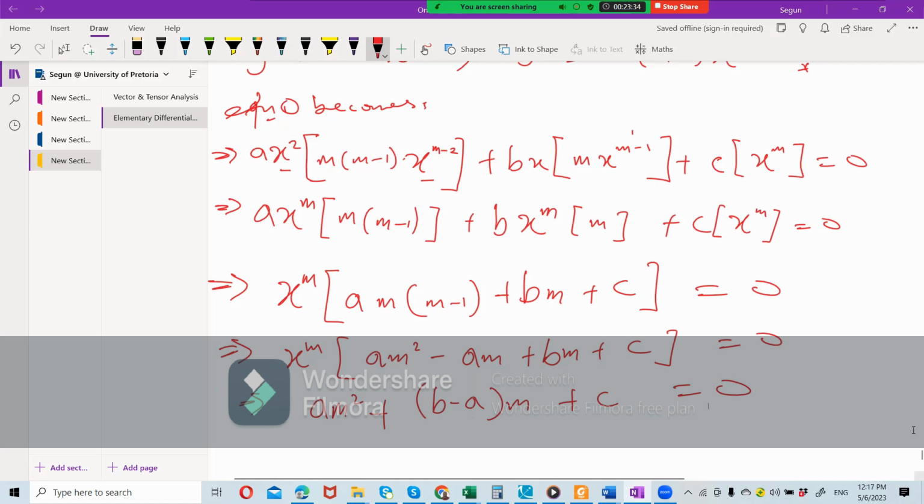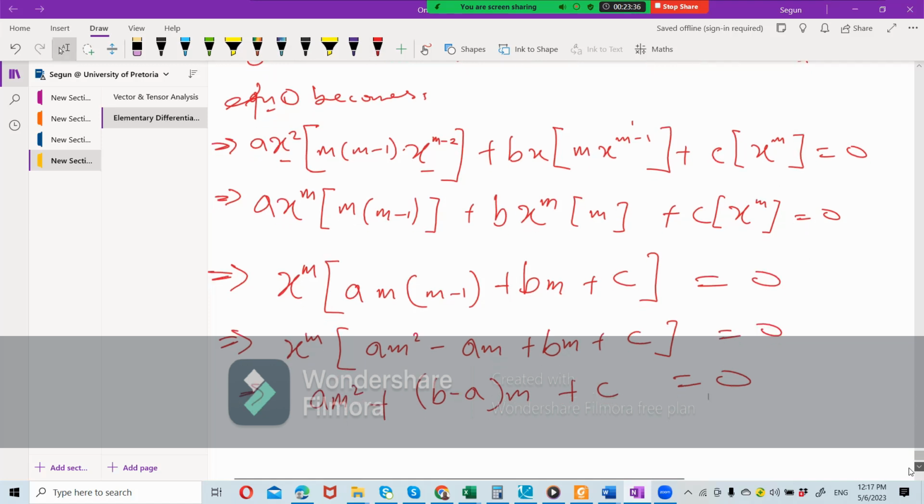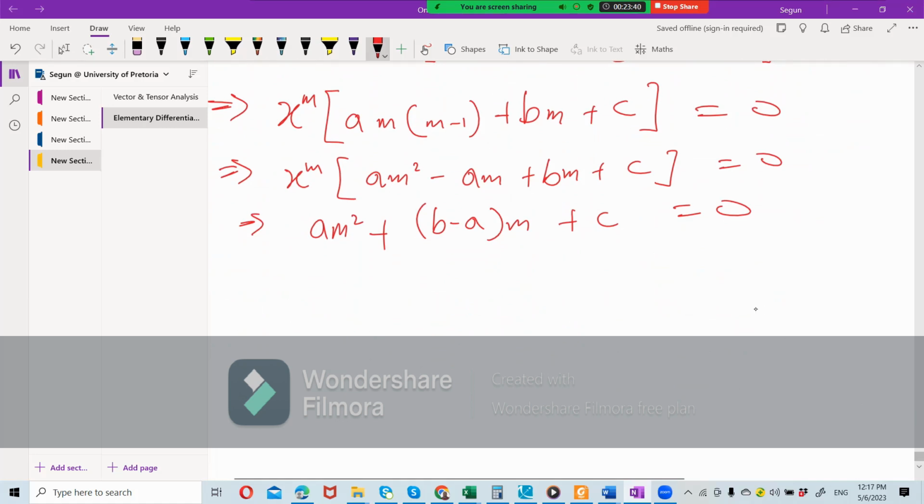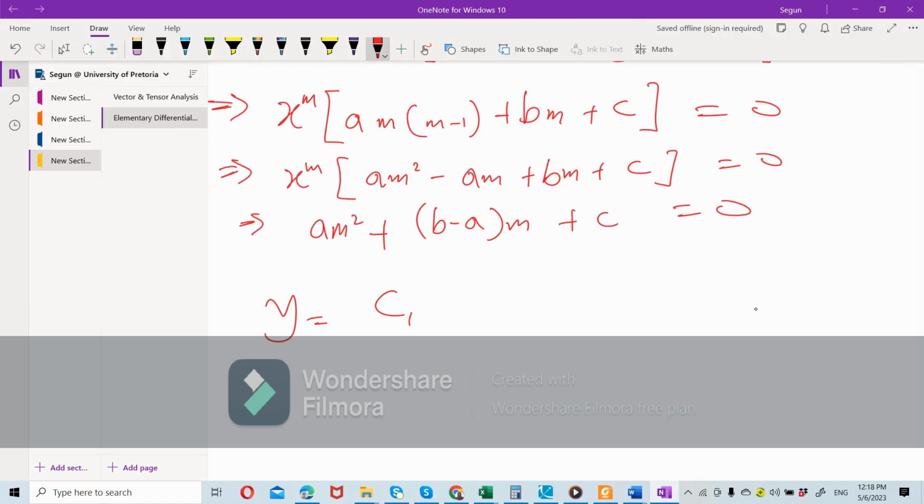You have distinct real roots. Then our y in this case can be C1 x raised to power m1 plus C2 x raised to power m2.